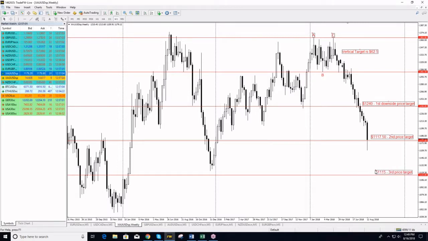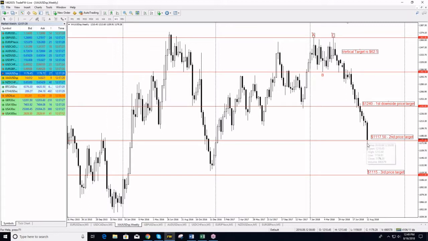Now, in order for this price target to be activated, we need to see a weekly close below the second price target, which for the moment we haven't. So, okay, the price has touched and went below that, but then it has recovered.